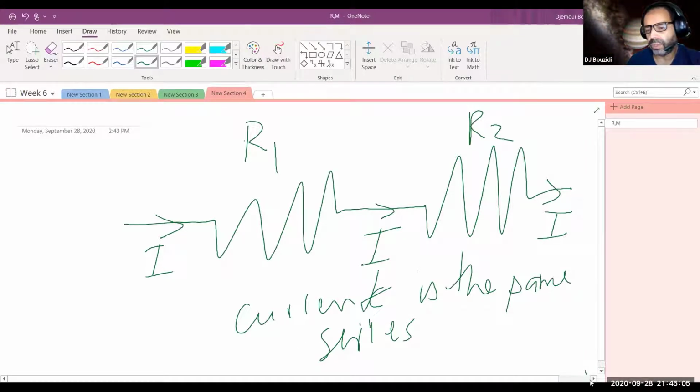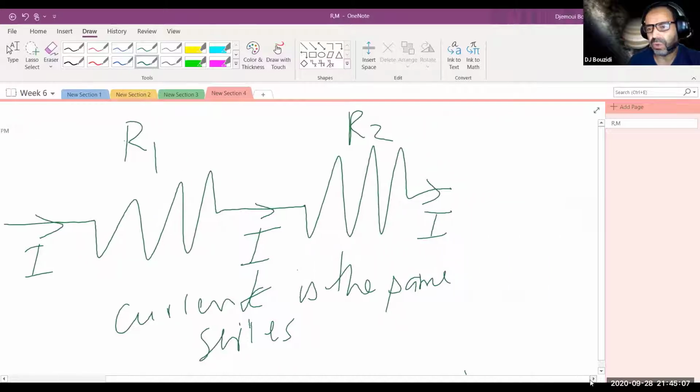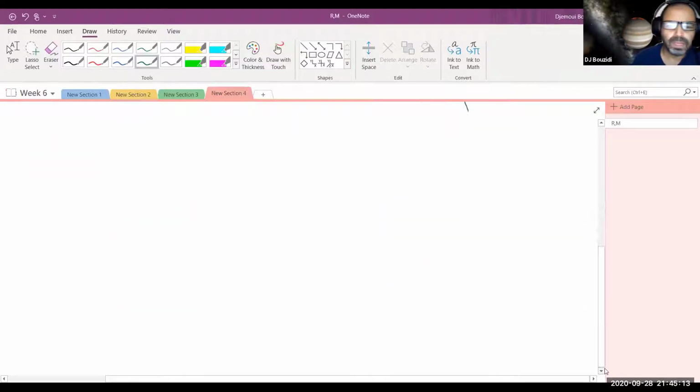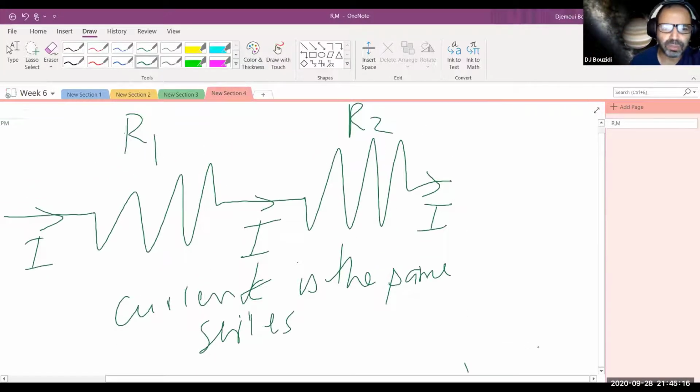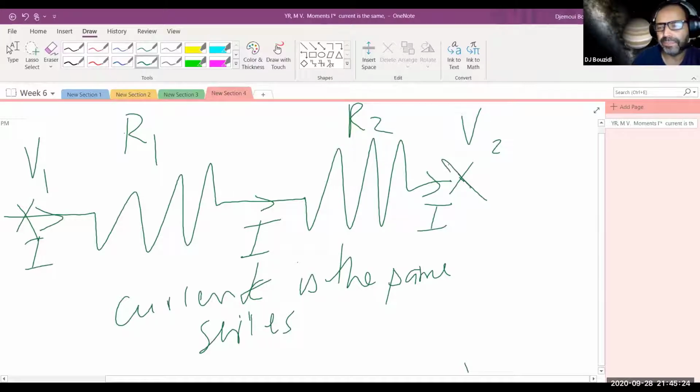So now we have this expression for the current. This looks like I'm dealing with this circuit. If I have a voltage difference between one end and the other, say this is V1 and this is V2, the difference in potential between the starting and the ending is just the sum of the two differential potentials.